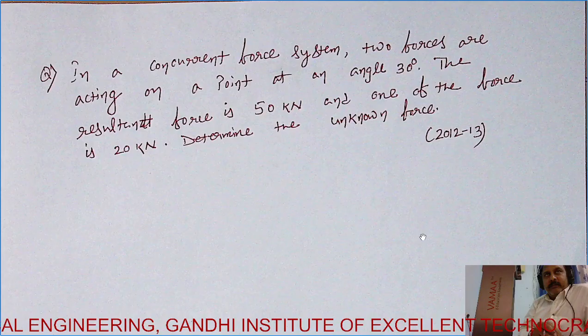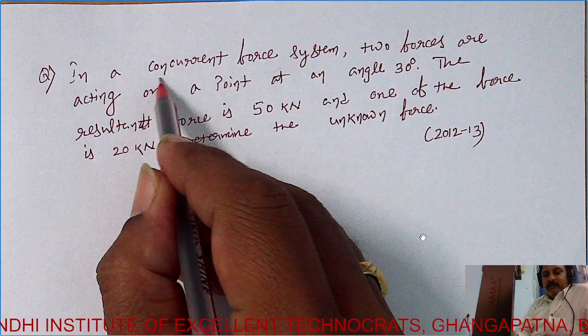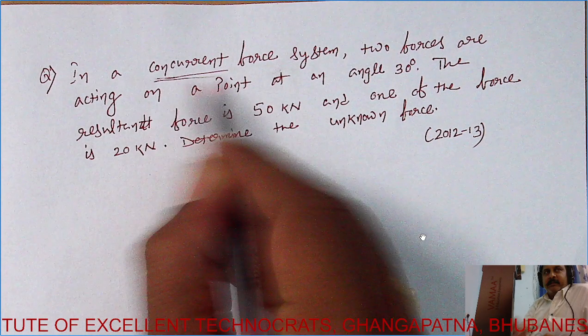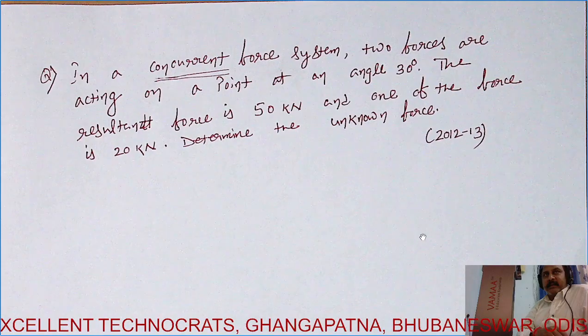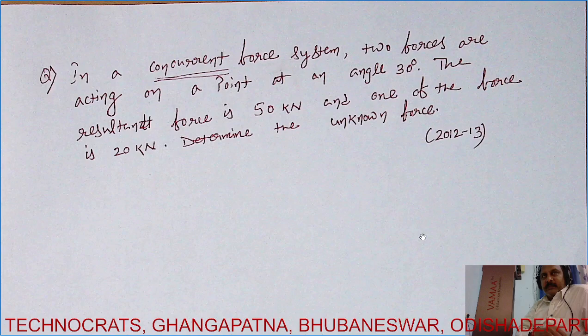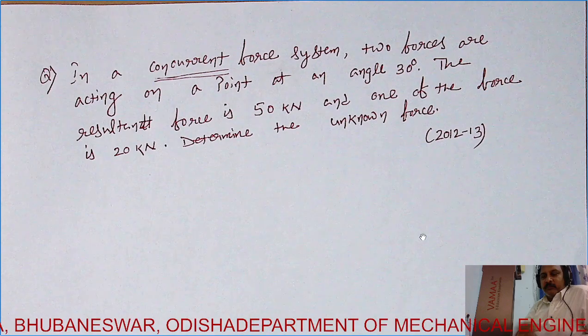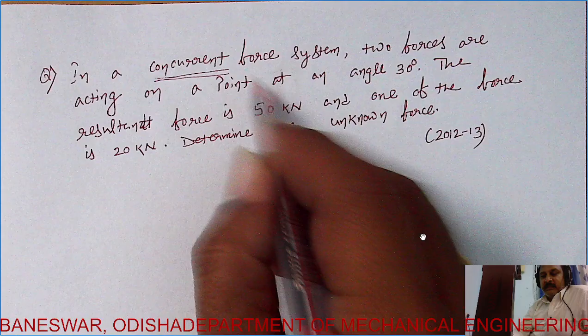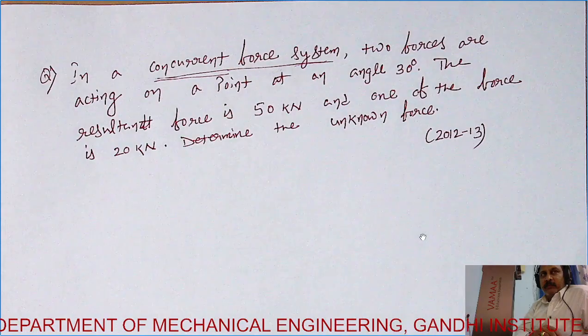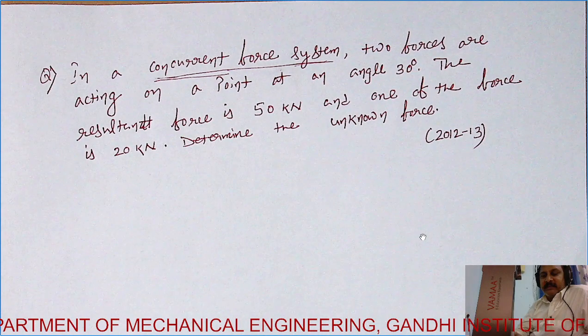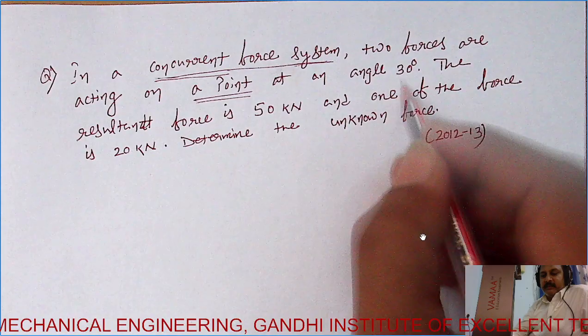The question is, in a concurrent force system, as in the last video we discussed, the forces which are meeting at the same point are called concurrent forces. In a concurrent force system, that means more than one force, two forces are acting at a single point at an angle of 30 degrees.